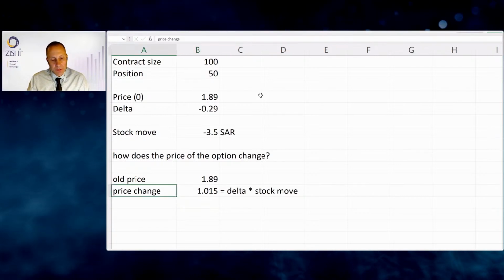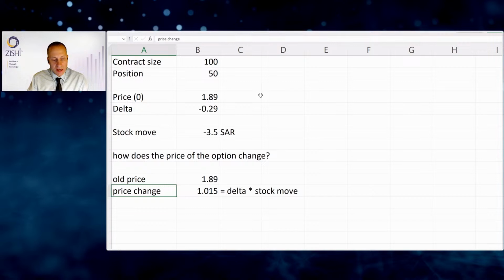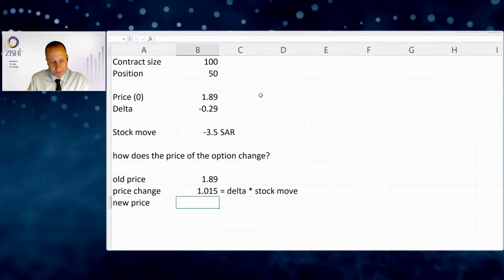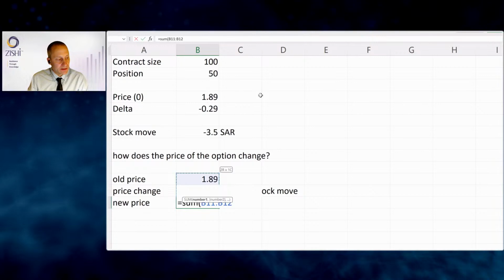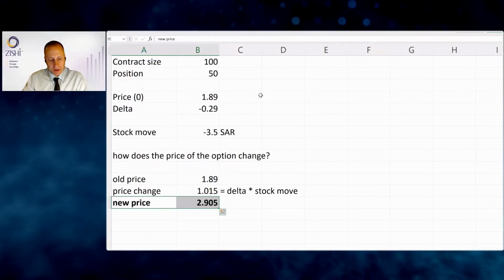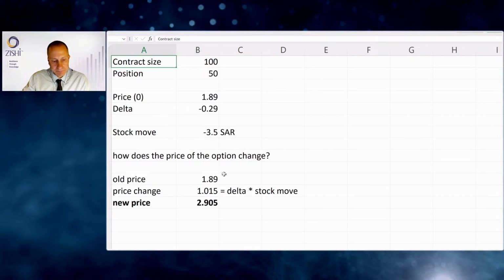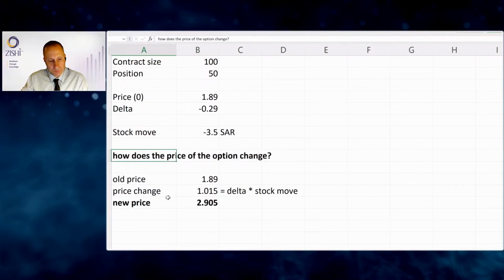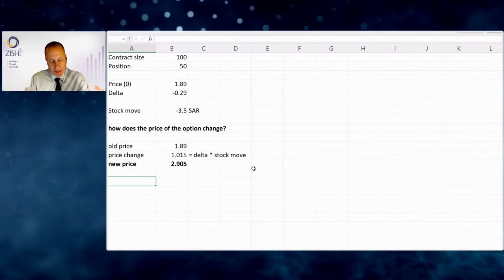So the put's price will move up by 1.015 rial per share. So the new price will be the sum of the old price and its change. So you can see that I've got a new price of 2.905.